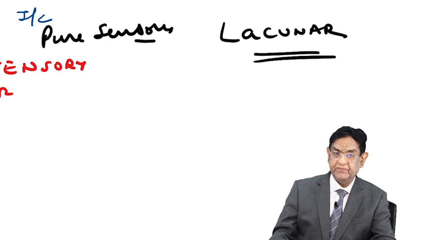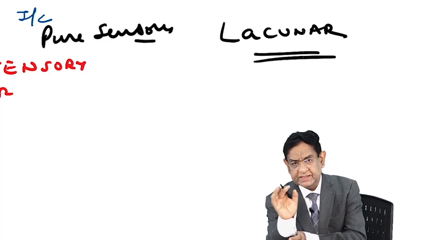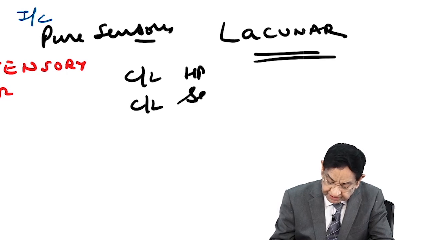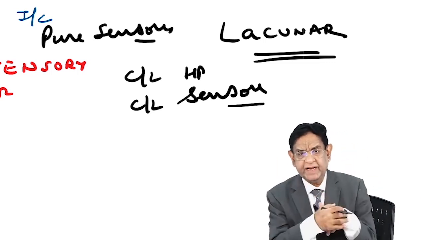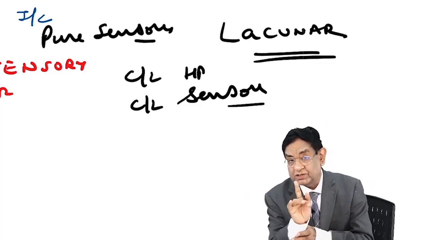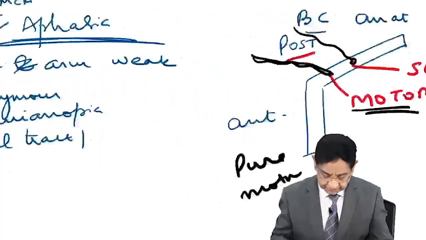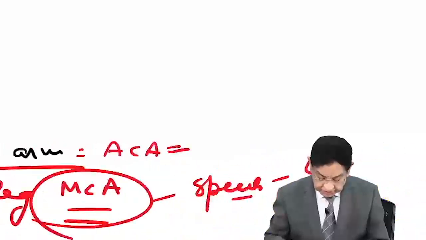In this, it will lead to complete contralateral hemiplegia or complete contralateral loss of sensation. Complete loss will be there because every fiber has been involved. So in our patient, it was not complete loss. This cannot be lacunar infarct. So I hope you are clear about this question also.